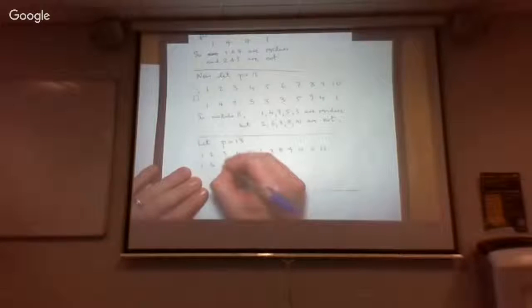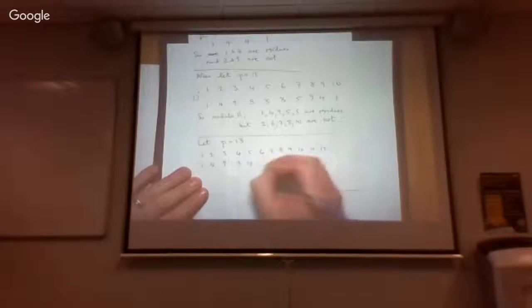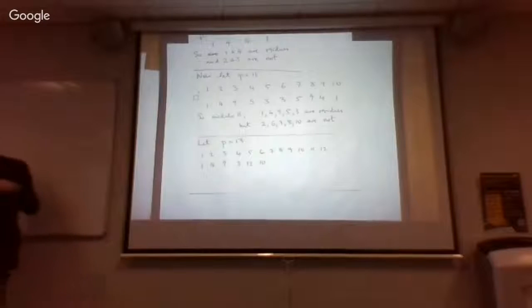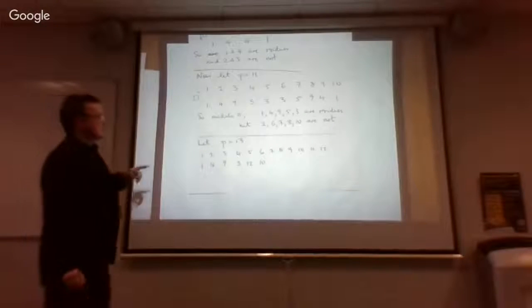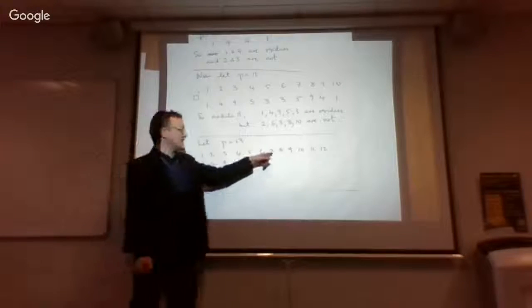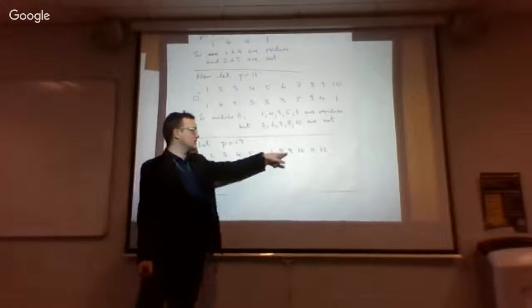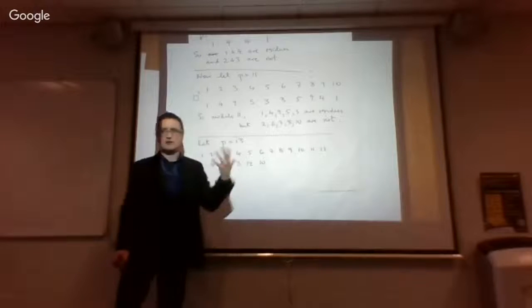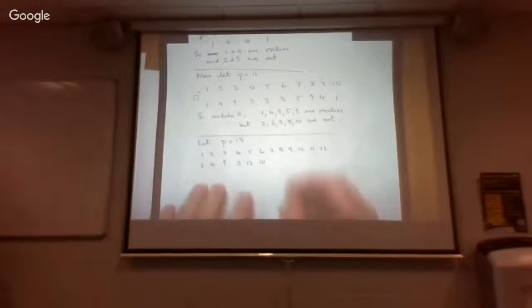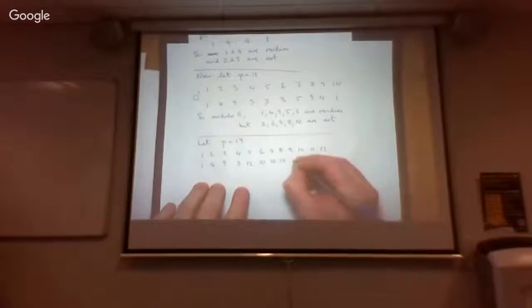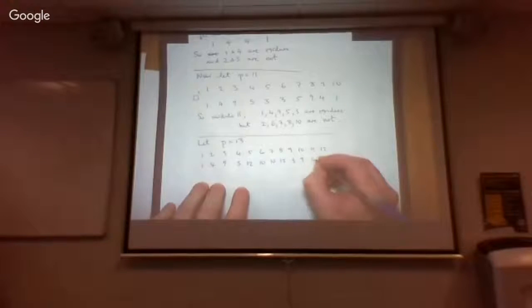So I got 1, 4, 9, 3, 12, 10. That's all you need to work out because 7 is minus 6 modulo 13, 8 is minus 5. So when you square these, you're going to get the same thing as when you square their minuses. So we get 10, 12, 3, 9, 4, and 1.